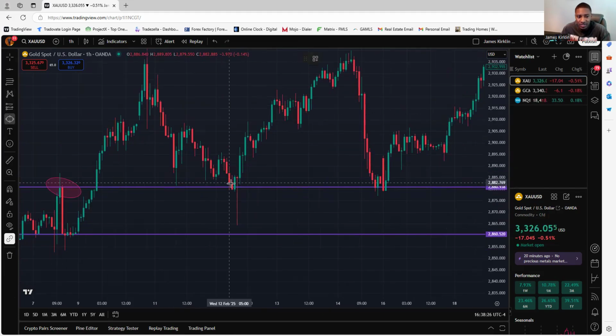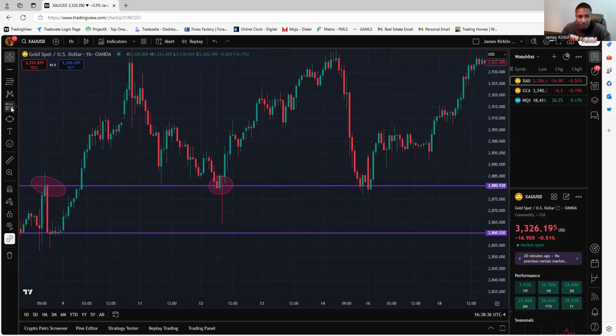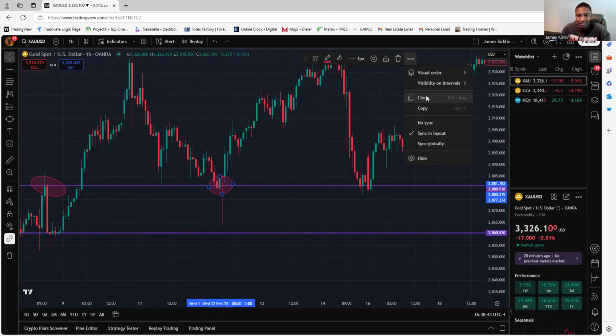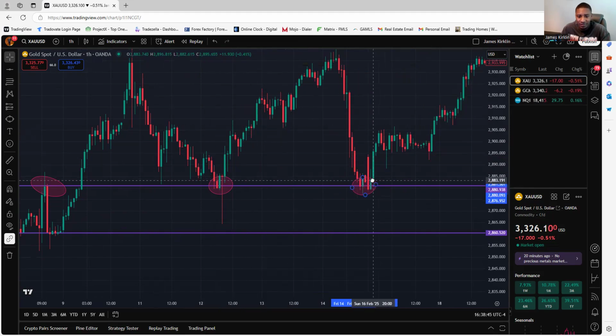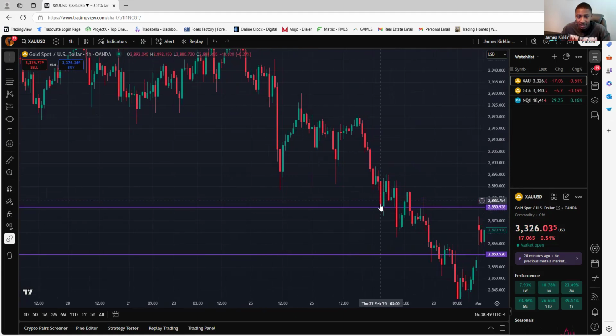How many times have we retested this same resistance that we had from February 5th? Sorry, trying to make a clone of this. Boom. Kind of held up here too.